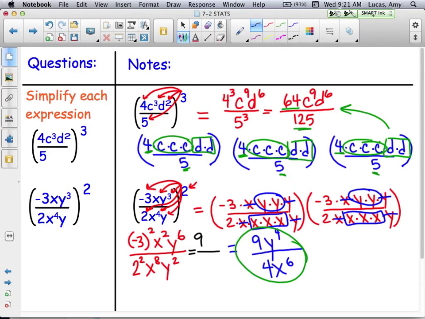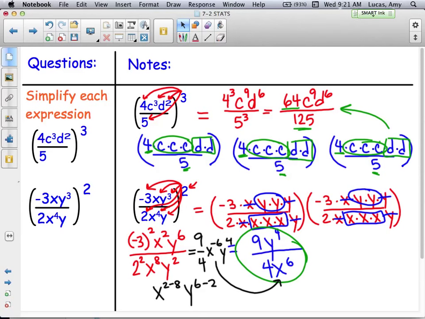And 2 squared is 4. If I subtract my exponents, I get x to the negative 6, and then I get y to the 4th. So again, that negative exponent means that it's on the bottom of the fraction. So I really prefer expanding on these instead of doing the subtraction with the exponent rules.